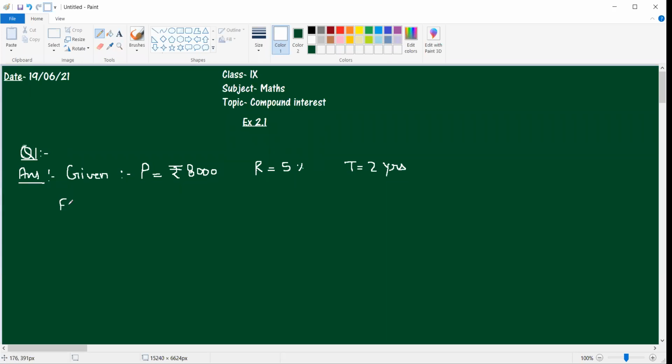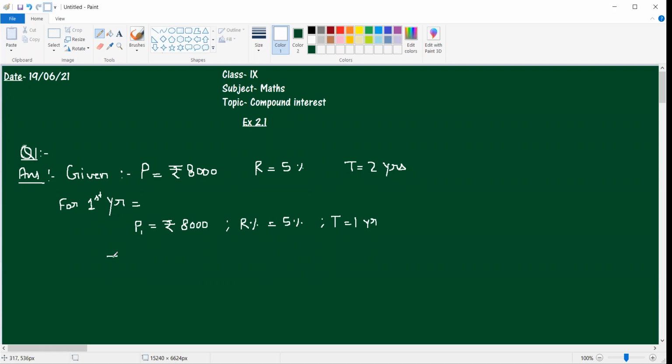For the first year, we have principal P1 equal to rupees 8,000, rate R equal to 5%, and time equal to 1 year.